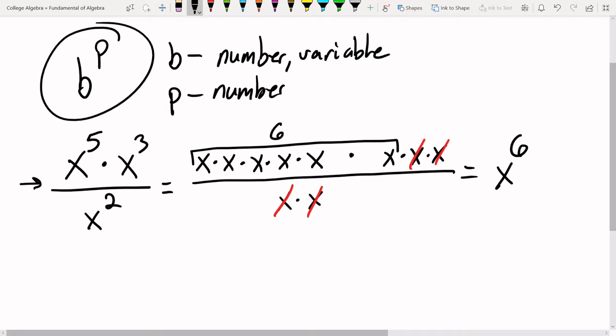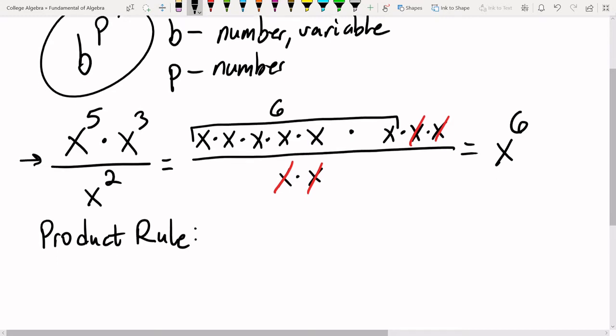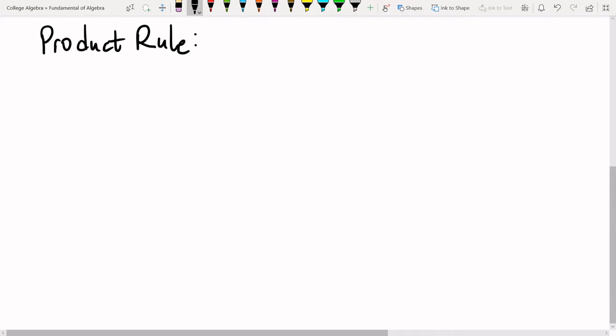So the first property is called the product rule. And this is where we multiply two exponents. So let's say we had a base to some power m times another base to some power n. Or I shouldn't say another base. They're actually the same base. B is the same number.